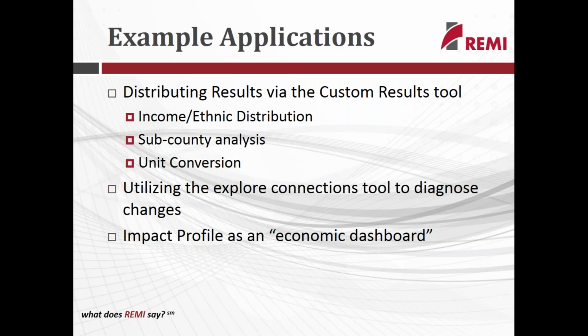We'll also be utilizing the Explore Connections tool to diagnose outputs within the model. And we're going to be using the economic impact profile as an economic dashboard. So without further ado, we'll switch it over to Harry here.